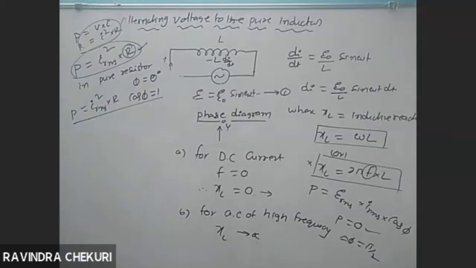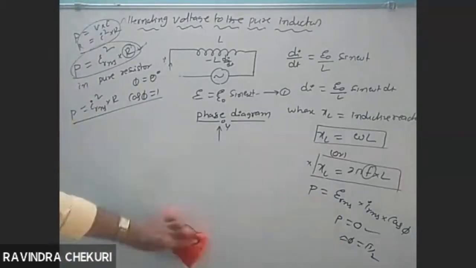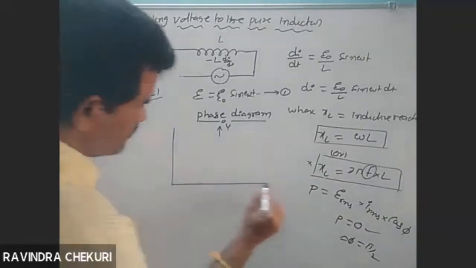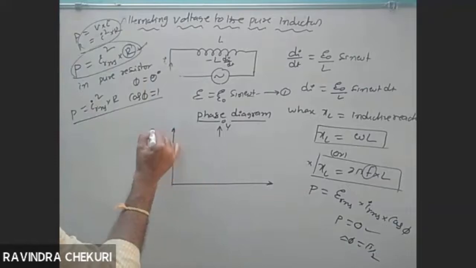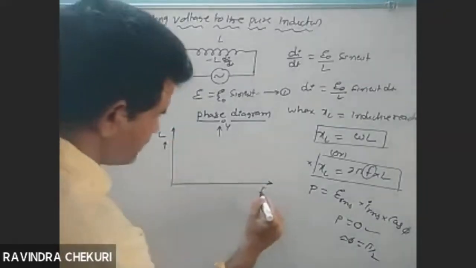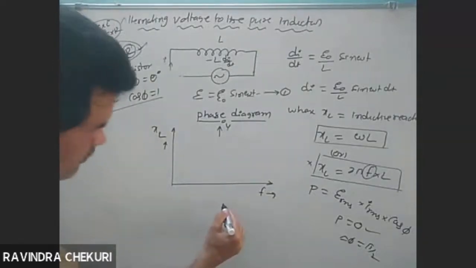That is it. What is the nature of the graph drawn between XL and frequency? What is the formula for XL?